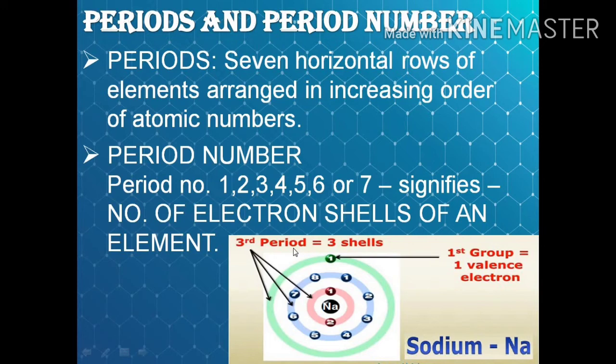So sodium belongs to the third period because it has 3 shells, and it belongs to the first group because it has one valence electron. The valence electrons depict the group to which the element belongs. The number of shells depicts the period to which the element belongs.